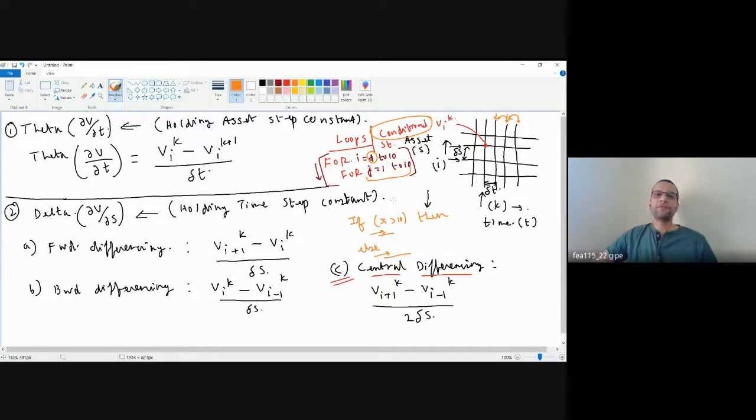There is an else if condition also. I may have multiple conditions which I want to check. It could look something like: if x is greater than 10, then something; else if x is greater than 9, then something; and else condition. This is what we call nested if conditions, which we can write via code.